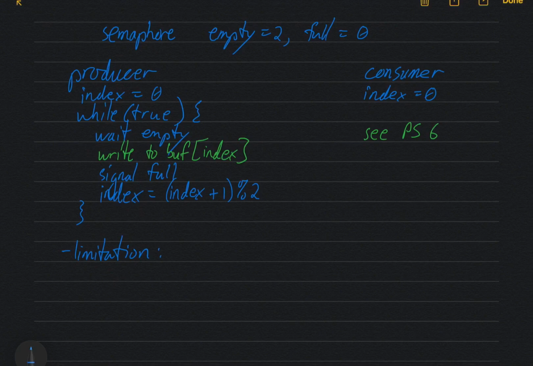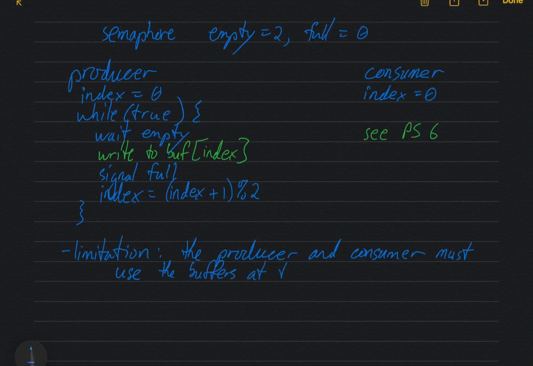Okay, now there's still a bit of a limitation to double buffering. And it's that you're counting on the producer and the consumer filling and emptying their buffers at roughly the same rate. So the producer and consumer must use the buffers at the same rate.